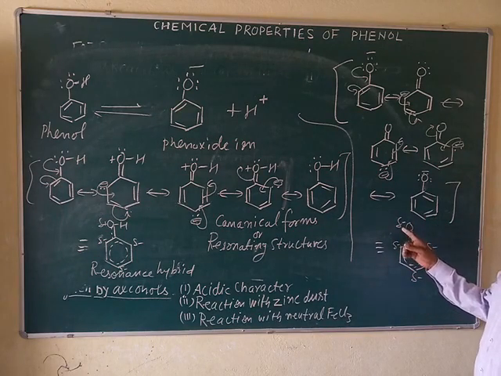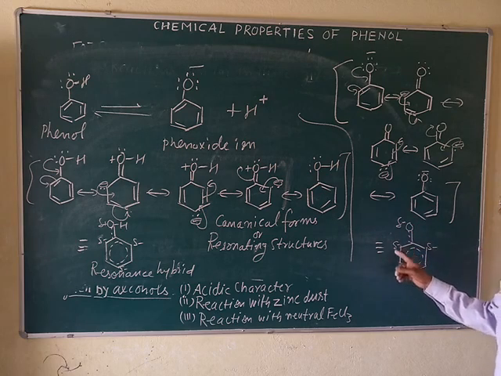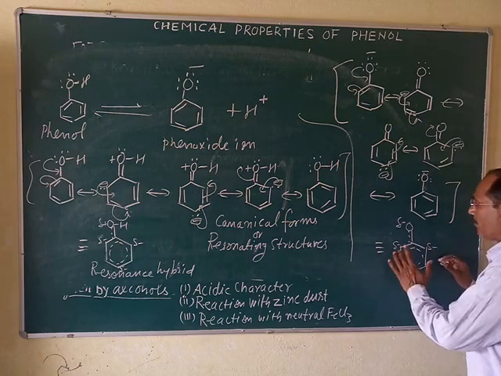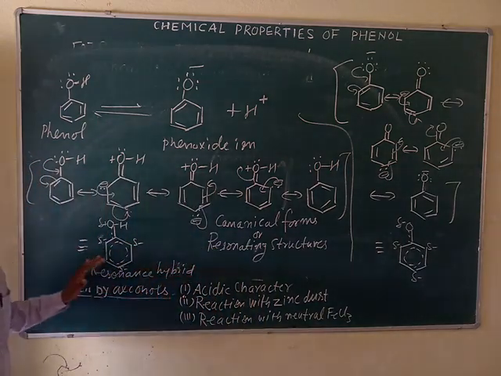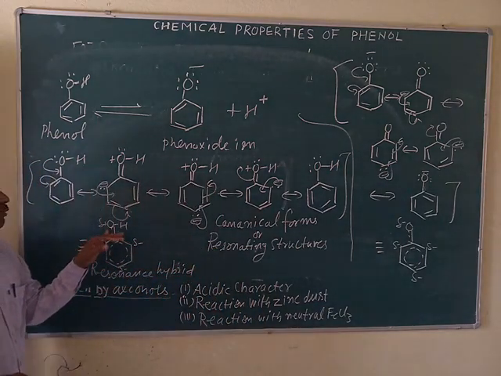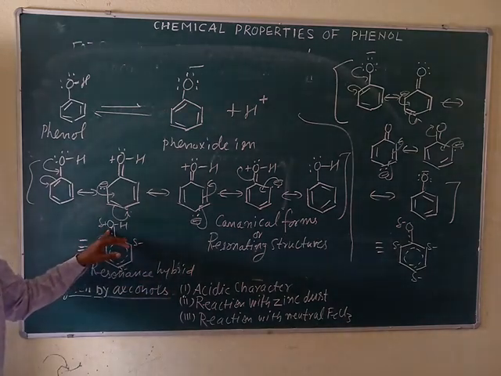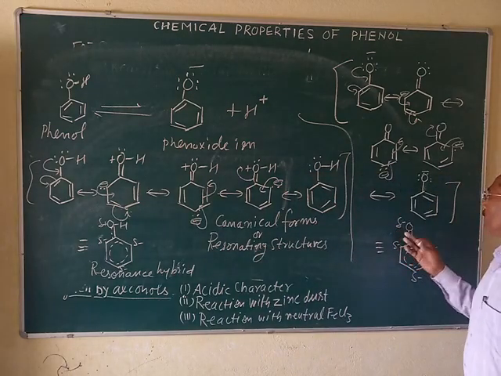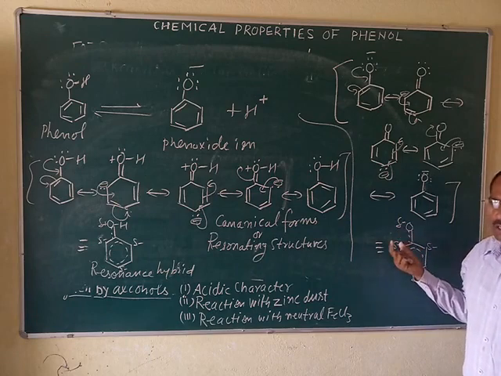In the phenoxide ion, the negative charge is present on the more electronegative oxygen atom, and also on carbon. In phenol, the more electronegative oxygen bears a positive charge which is unfavorable, while in the phenoxide ion oxygen bears a negative charge which is favorable.